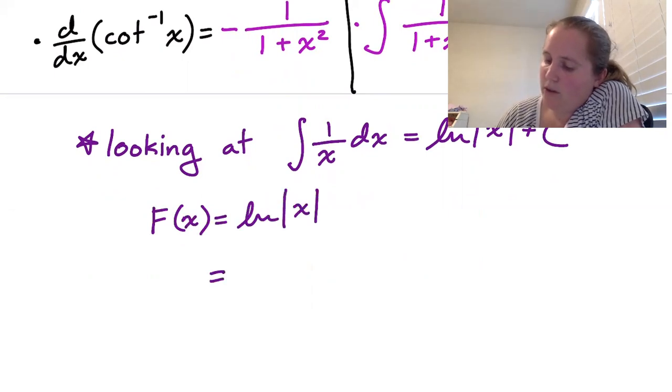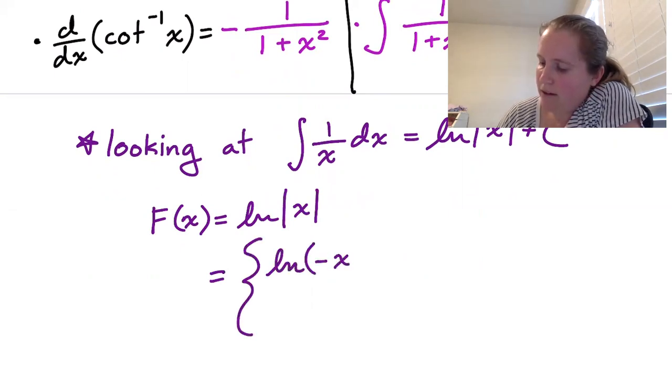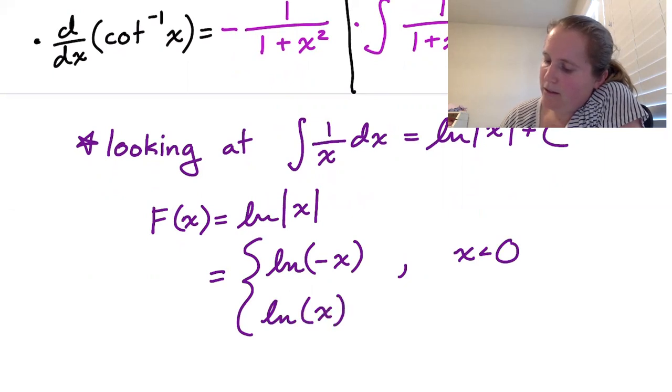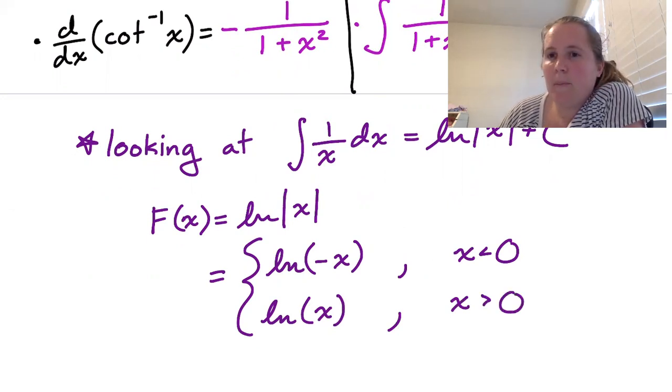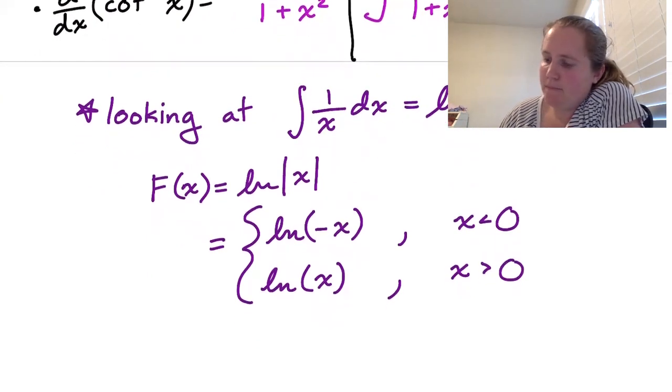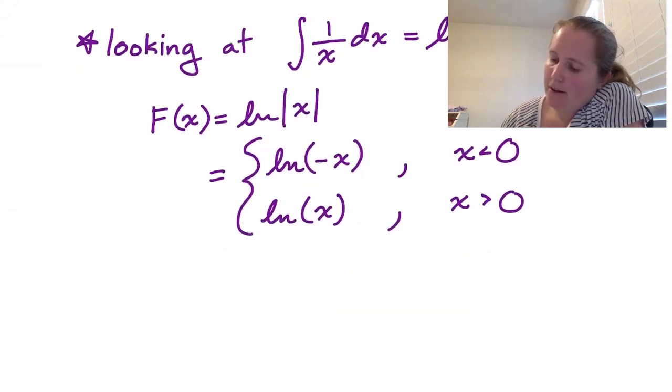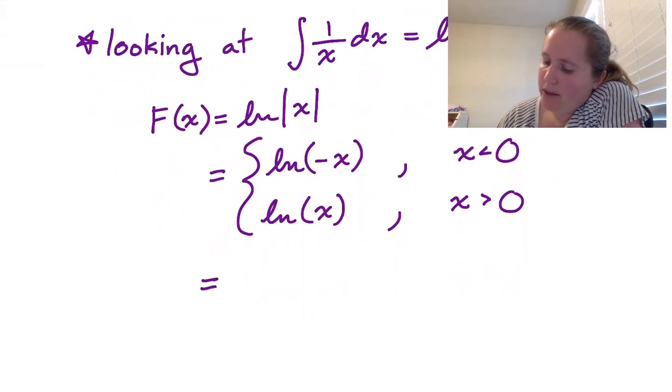That means that we are looking at natural log of negative x for x less than 0, and natural log of x for x greater than 0. We can't take natural log of 0 itself, right? But we also can't do 1 over 0. So natural log, we can separate.